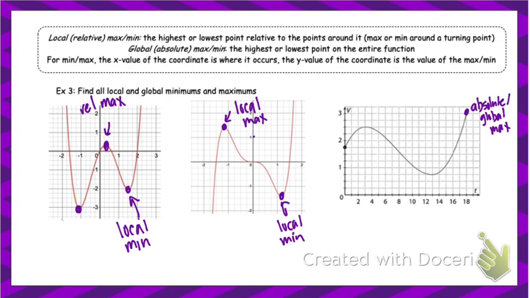We can't say it's local because there's nothing to compare it to over here on the left side, and it's not the lowest point on the entire graph. So what this graph does have is a local or relative maximum. And then this point here is both a local and a global minimum on my graph.